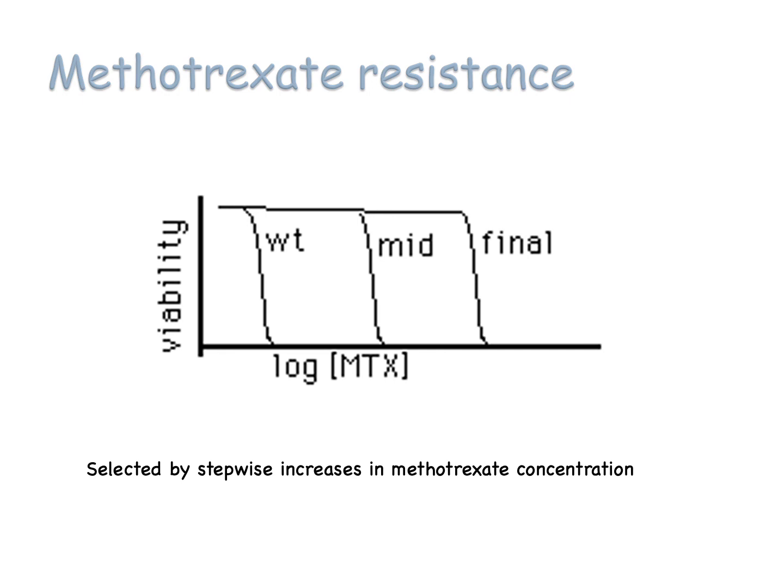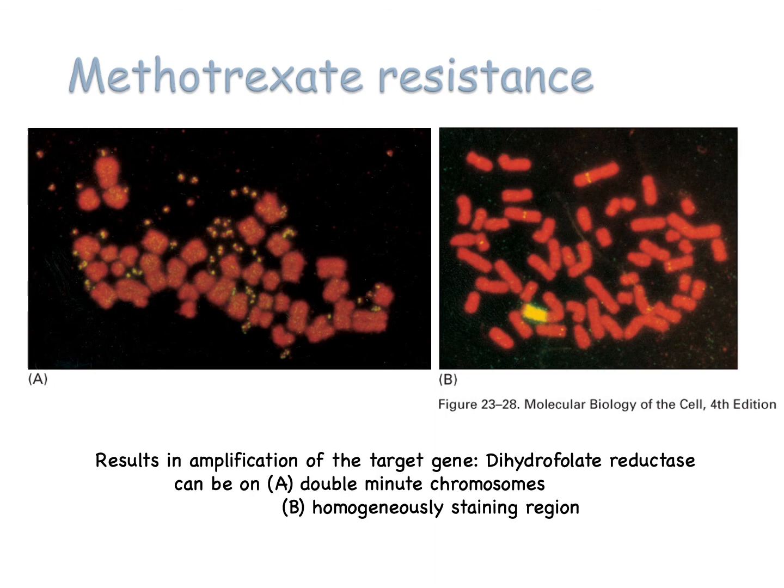And so these cells then carry this extra DNA with them in one of two forms, as we talked about before. Shown here on the left is this extra chromosomal DNA that has been called double minute chromosomes, because when they condense here during mitosis, you can see the two homologous pieces of DNA still paired to each other.